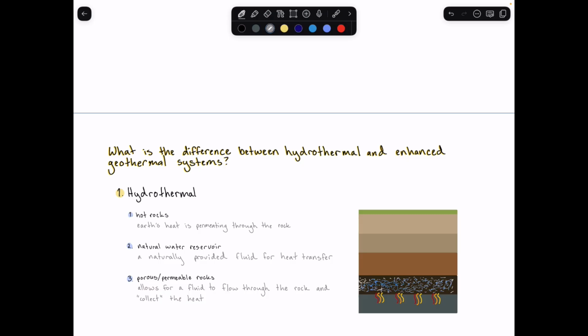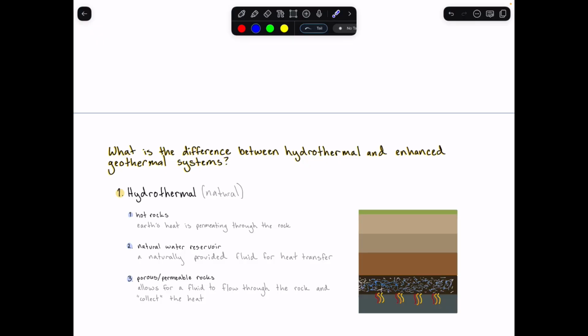A natural hydrothermal system, in order to build out a geothermal power plant, has to have 3 requirements. There needs to be hot rocks that are at a certain temperature. There needs to be water that naturally exists already underground, and then the rocks have to be porous enough to allow the water to flow through the rocks and pick up that heat.